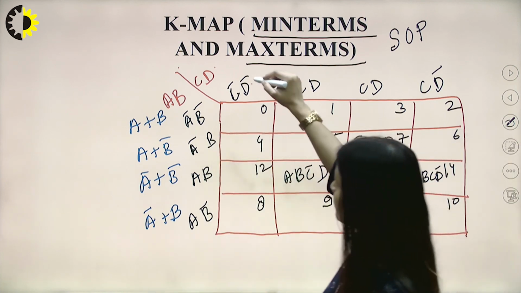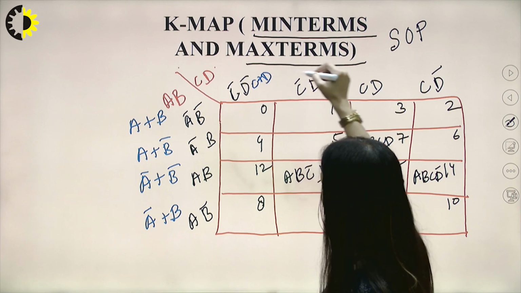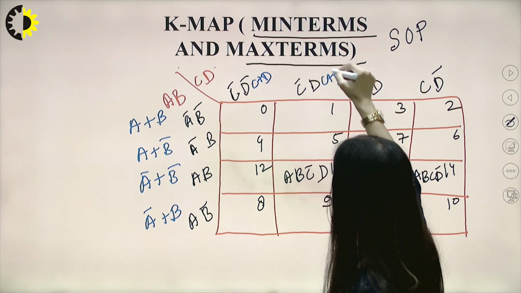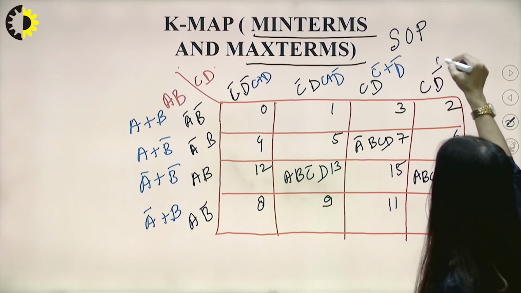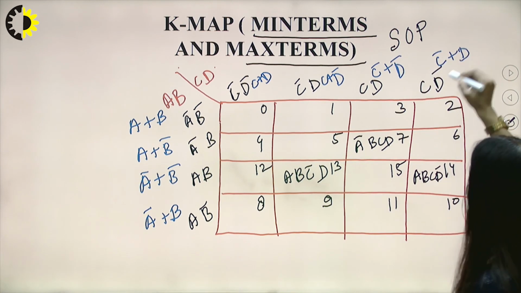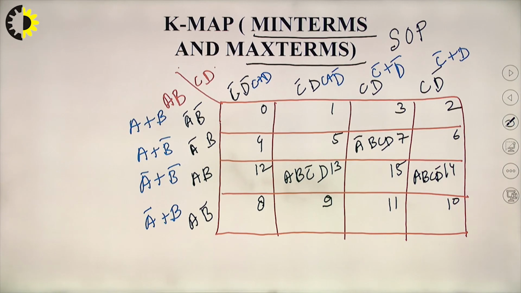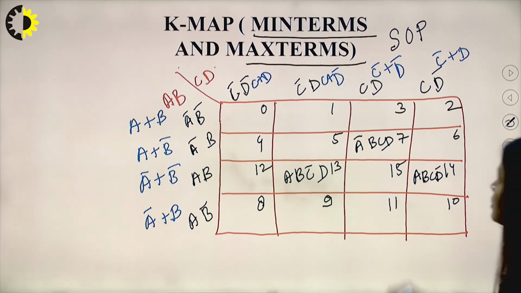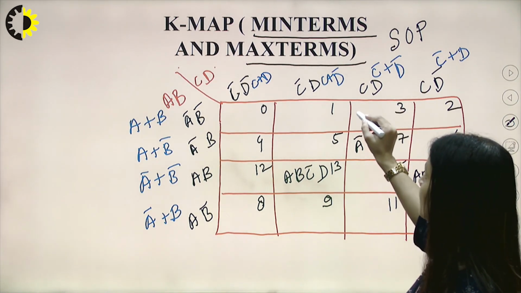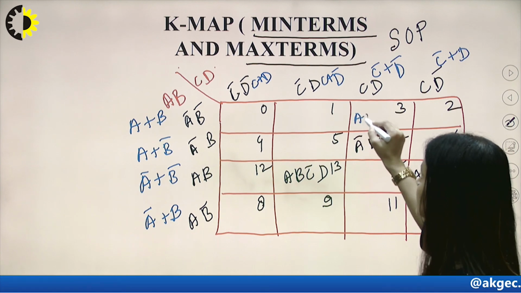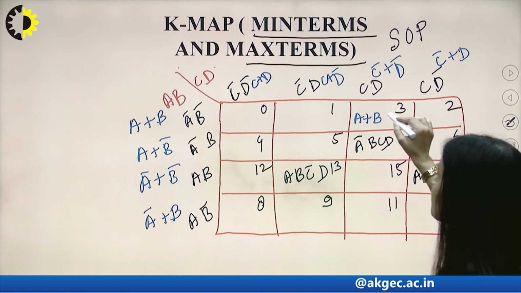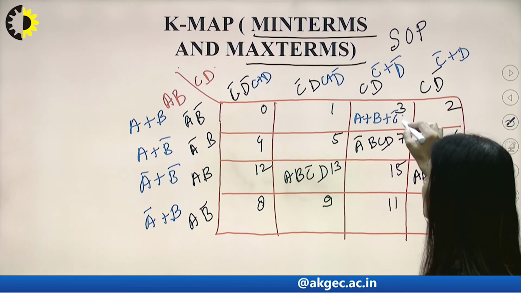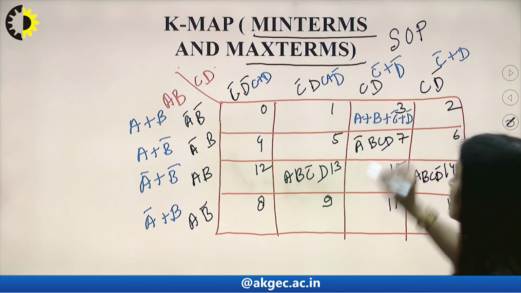Similarly here it will be C plus D, C plus D bar, C bar plus D bar and C bar plus D. So the corresponding max term, if I want to write for this 3, then it will be A plus B plus C bar plus D bar.